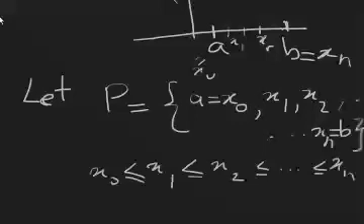This is the end point of that interval, A. This is the other end, which is B. Let's consider any general partition of this closed interval AB.